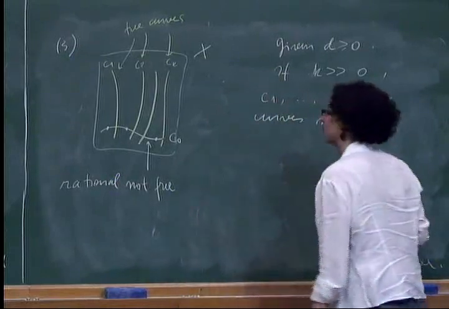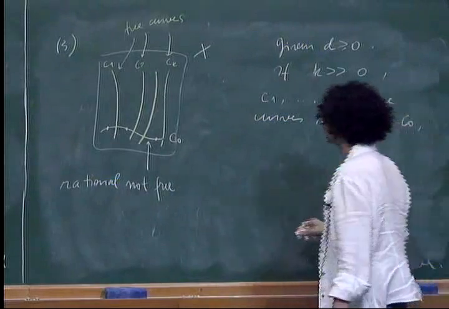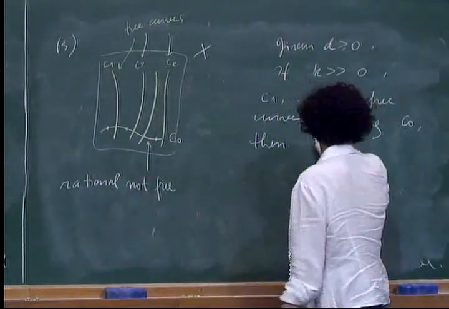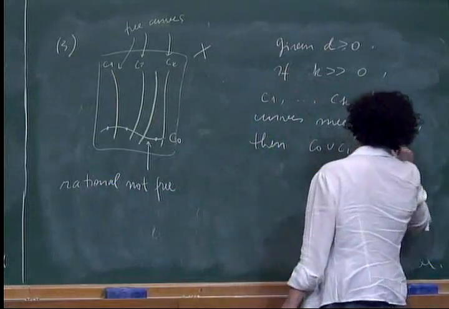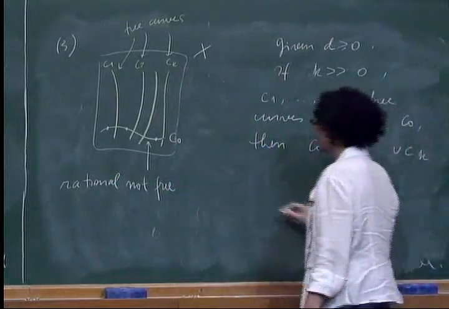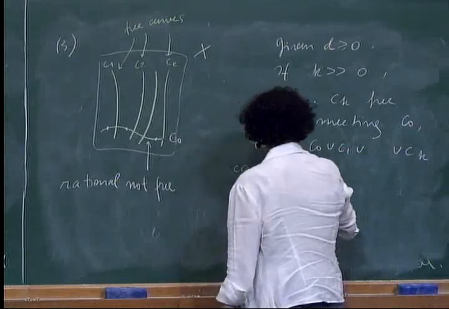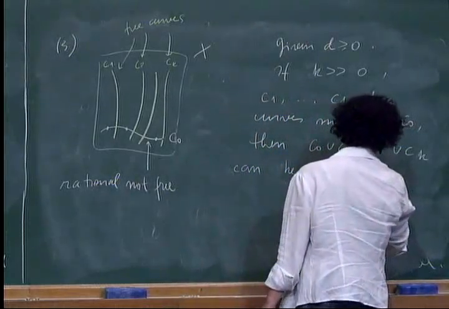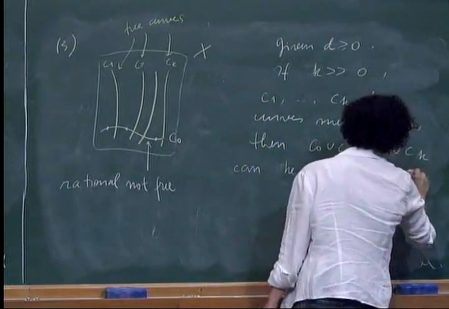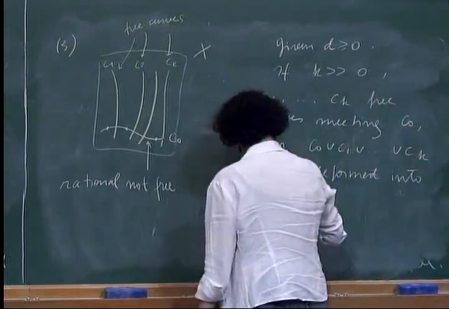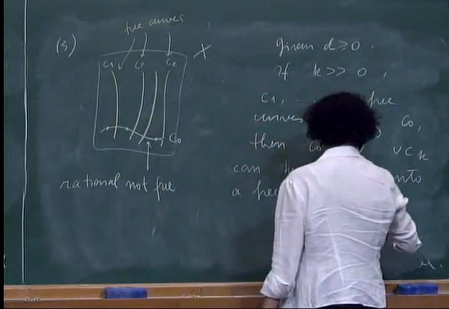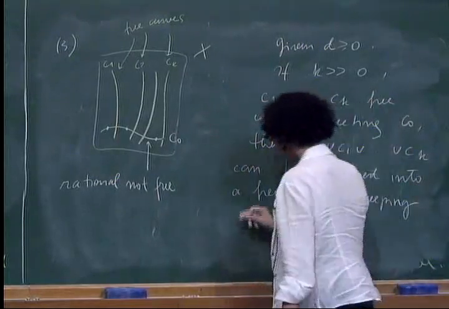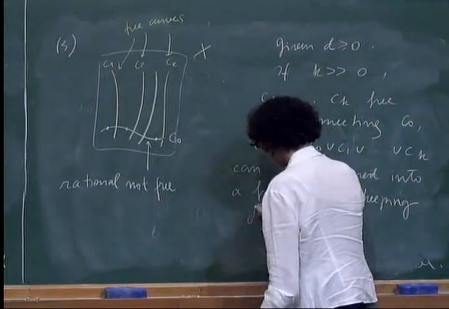meeting C0, then the whole union can be deformed into a free curve, keeping any given D points fixed.